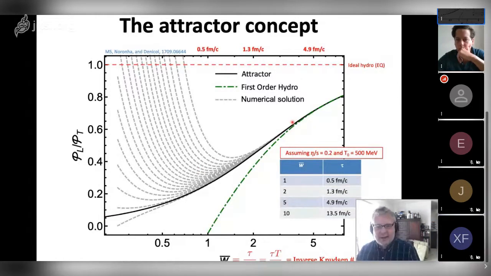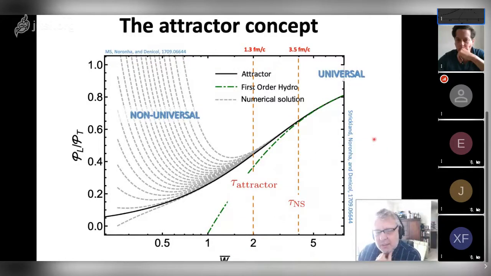That's the basic idea. Now, as I emphasized, if we go to very late times on this, we're into this first-order hydro region. This is the quote-unquote universal region. It doesn't matter what microscopic model you use here, as long as it's interacting and you've tuned the shear viscosity to match between model A, model B, model C. You'll always get this result out here.